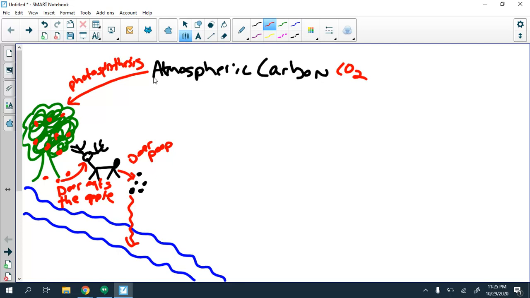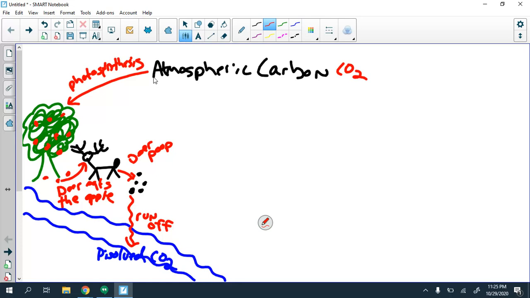So now in the water we're going to have dissolved CO2. That states in blue, that states dissolved CO2. So some of that, we have to label that transition. We're just going to call that runoff. We're going to call that runoff.